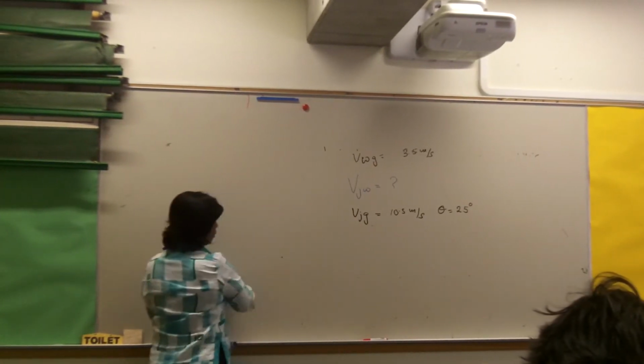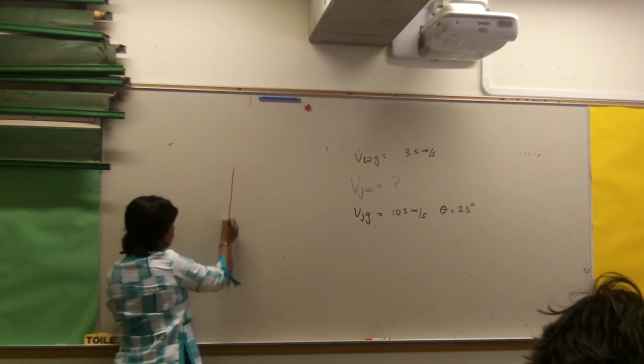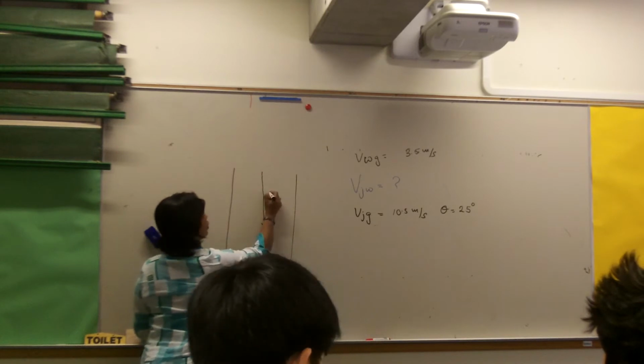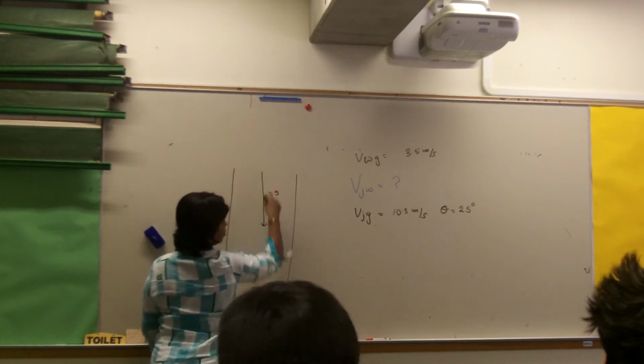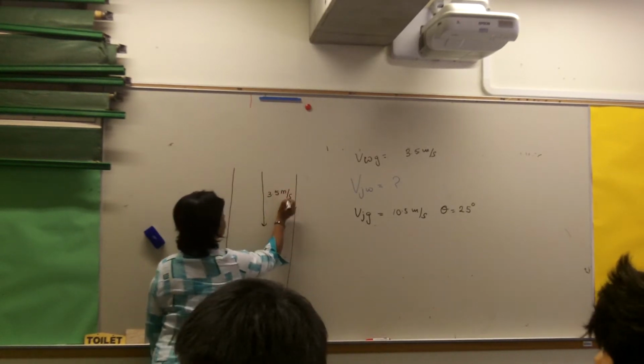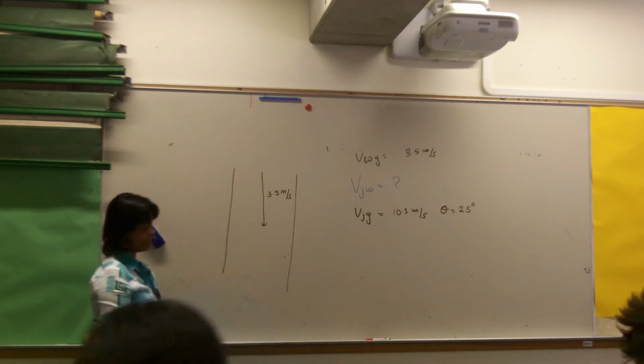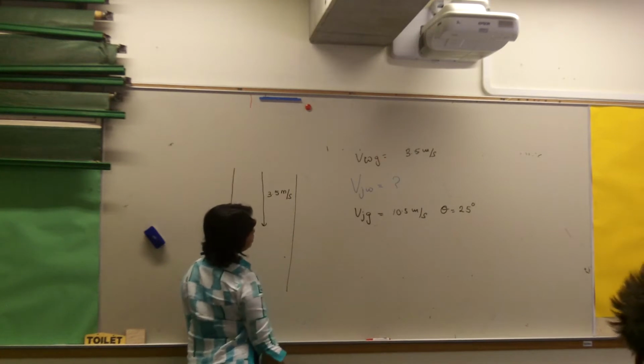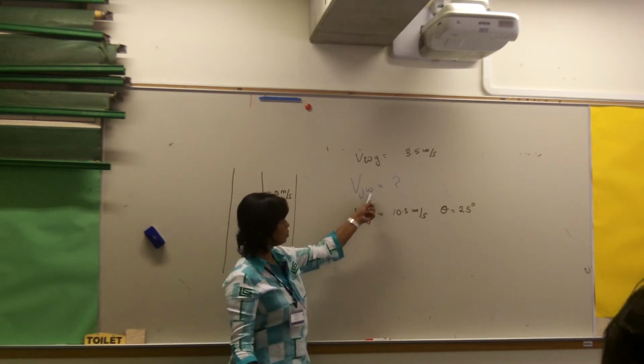So I am going to draw this. The water is flowing in this direction with 3.5 meters per second. But we do not know V jet ski to the water.